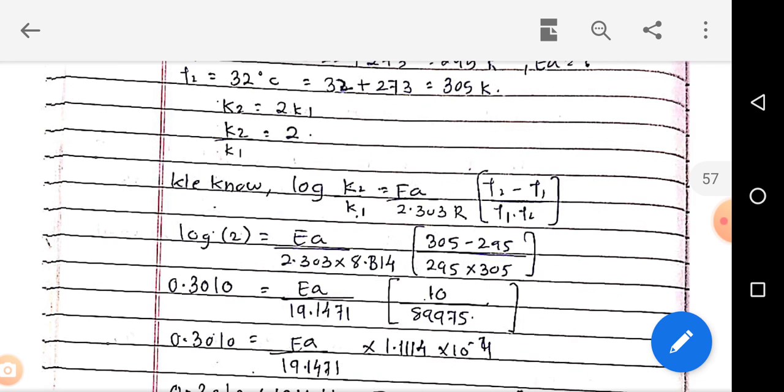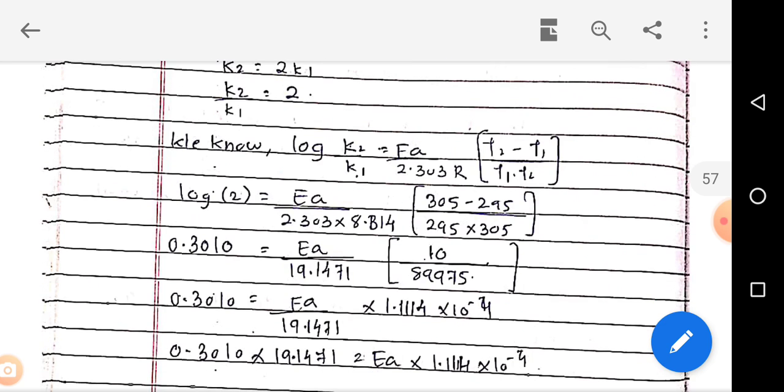Then EA divided by 2.303, R's value is 8.314, the universal constant, and the values of T1 and T2 are 295 and 305, so T2 minus T1 divided by 295 into 305. Solving this, we get 10 divided by 89975. Simplifying 2.303 multiplied by 8.314, we get 19.1471. Then log 2 is 0.3010.